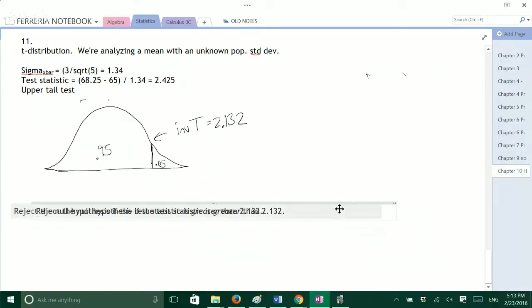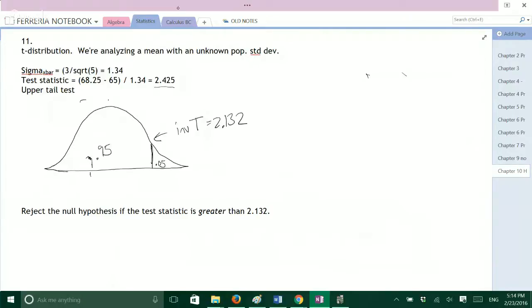Look at our test statistic of 2.425. Where does that lie? It's to the right here. T equals 2.425, so we're in the rejection region.